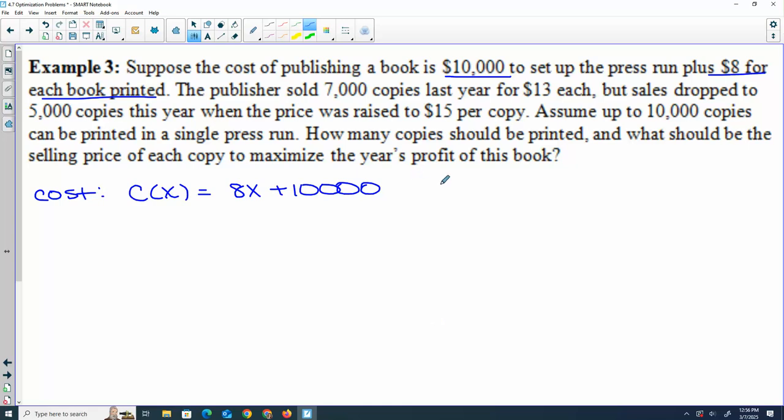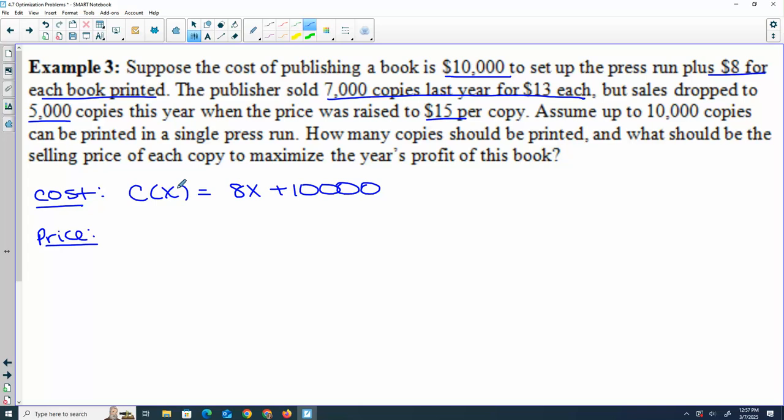Okay. The publisher sold 7,000 copies last year for $13 each. But sales dropped to 5,000 copies this year when the price was $15 each. Okay, this is talking about the price, right? So what I just gave you are two ordered pairs.